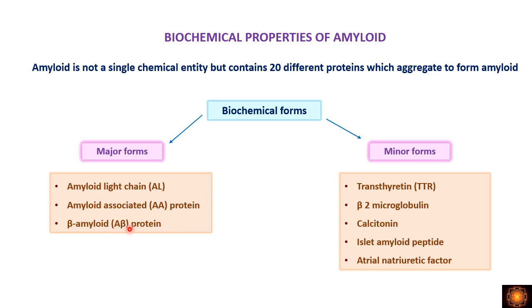That means the initial letter stands for amyloid, and the second letter stands for the protein which is deposited in this type of amyloidosis. And then in the minor forms we have transthyretin protein, beta 2 microglobulin, calcitonin, islet amyloid peptide, and atrial natriuretic factor.